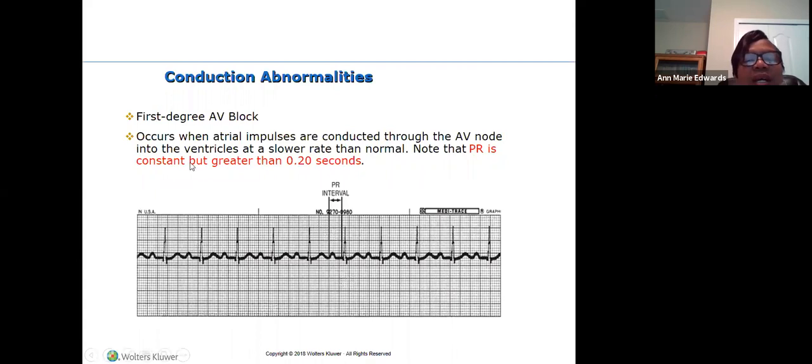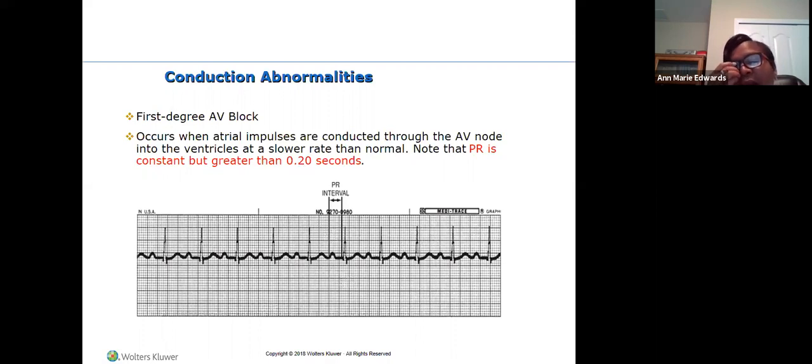Note that the PR is constant, but the PR is greater than 0.20 because it is slowed down. PR is when the impulse goes from the atrium. Atrium is represented by your P wave. R is a ventricular wave.